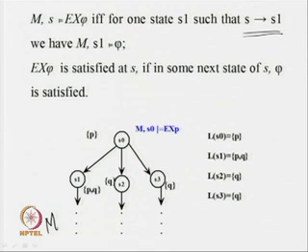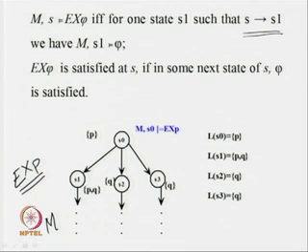We have the same labeling function L(S0), L(S1), L(S2) and L(S3), and the atomic propositions are P and Q, only 2 atomic propositions. So, here from S0 we have a transition to S1 where Q holds, again S2, again S3, on all the places Q holds, but P holds in S1. So, we are going to look at the formula EX P, whether there exists a path where in the next state P holds.